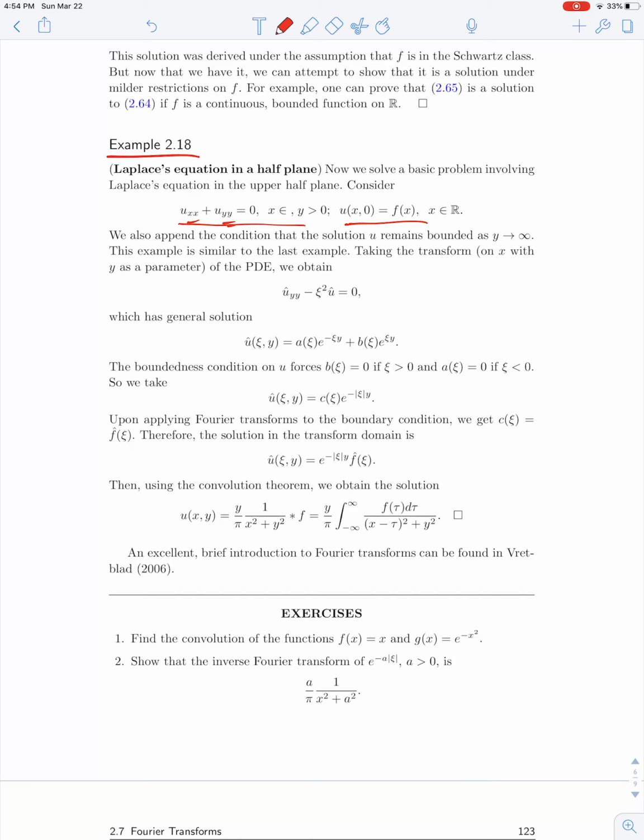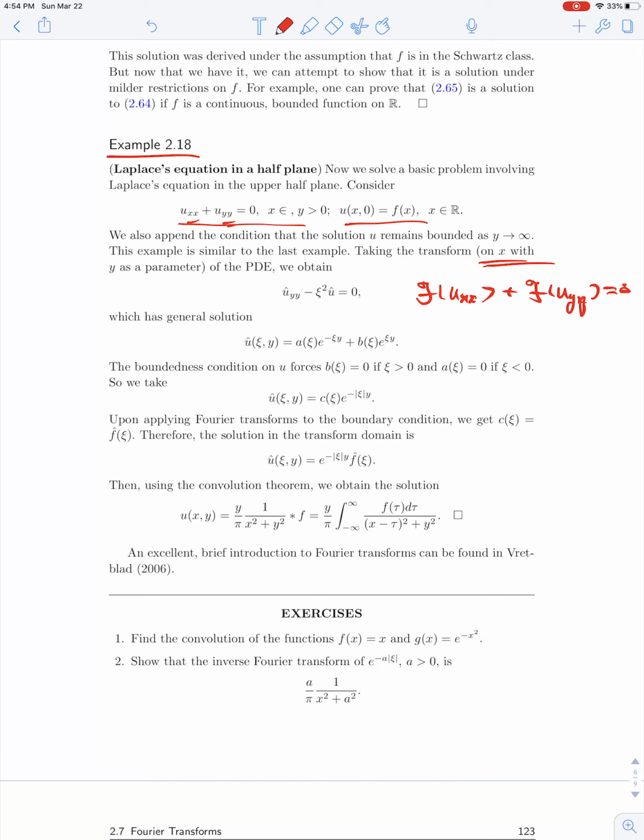In this case, the Fourier transform is taken with respect to x. You can also take the Fourier transform with respect to y, but in this problem, you should take it with respect to x.